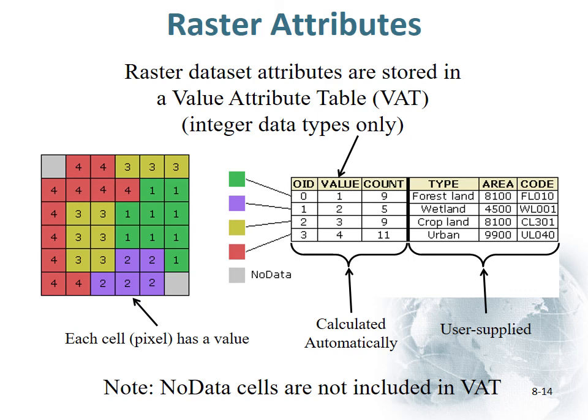We have a raster showing land use or land cover types for a really small area. We have values in the pixels of 1 through 4. We have a count how many there are of those pixels within the array. And then the value attribute table tells us what those codes mean. So value of 1 is forest, value of 2 is wetland, 3 is crops, 4 is urbanized area.